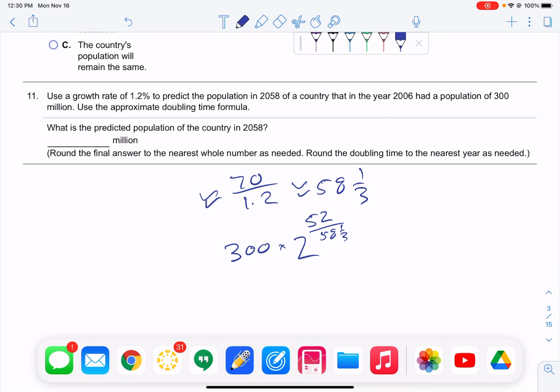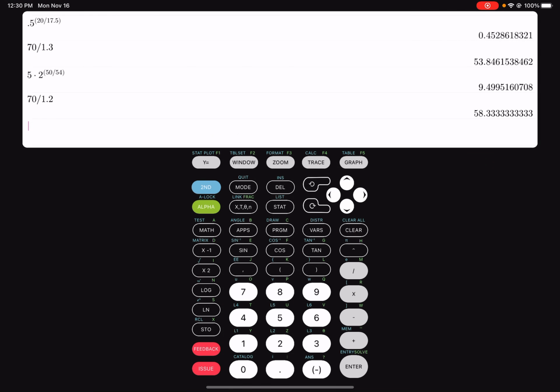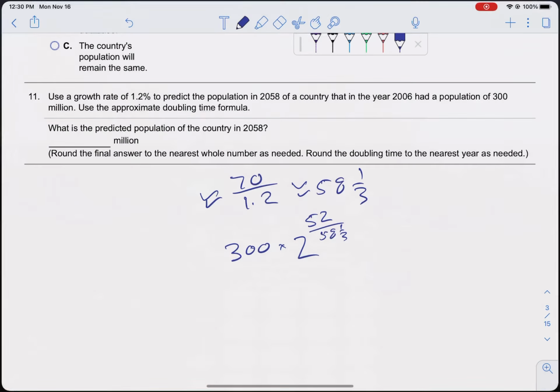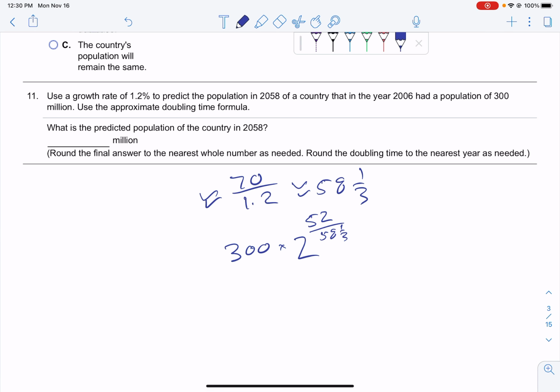So 300 times 2 raised to the 52 years divided by, I'm going to go ahead and steal my answer from before, 58.3. And I get 556.5. And it wants me to round to the nearest whole number. So 557 million is going to be my predicted population in 2058.